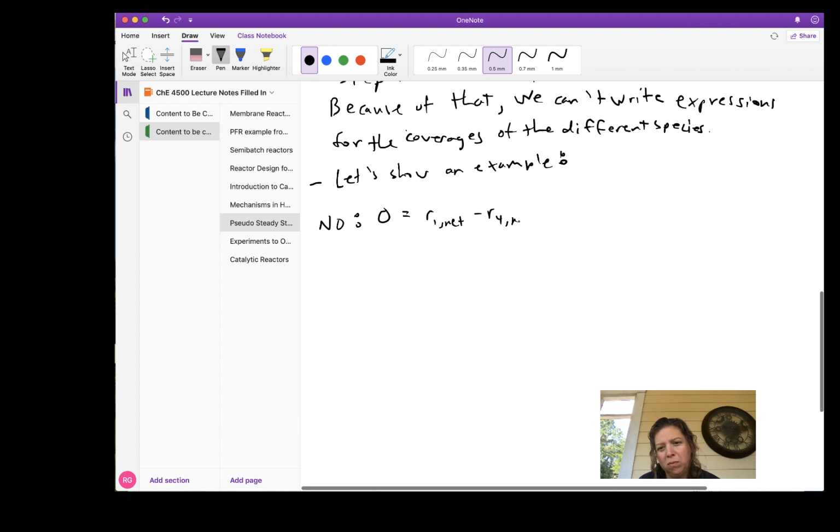So what that means is I'm going to have 0 equal to K1 forward C NO theta star minus K1 reverse theta NO minus K4 forward theta NO theta O plus K4 reverse theta NO2.